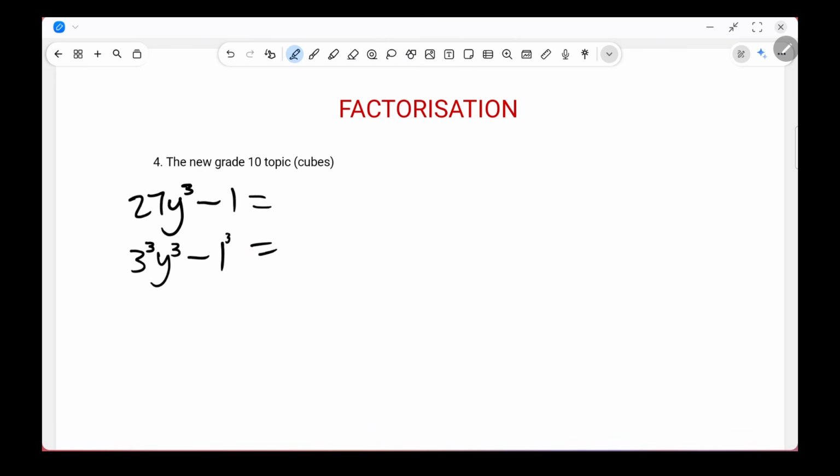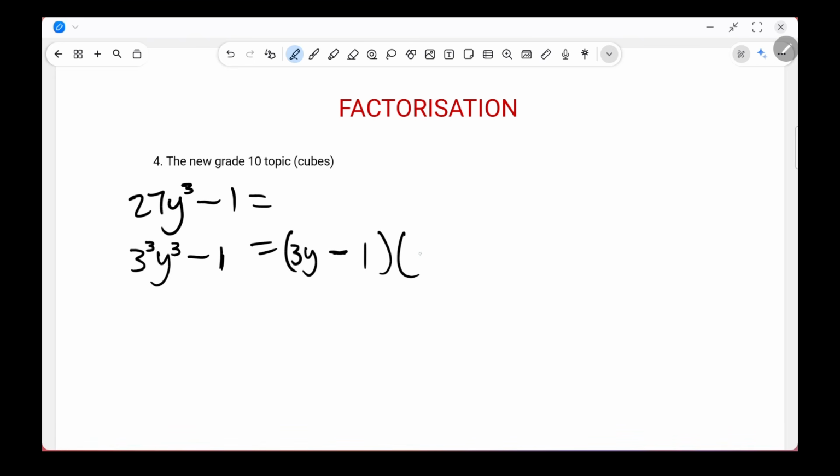We will open a small bracket, take the cube root of 27y cubed, which is 3y, and then we keep the original sign, and then we write 1.